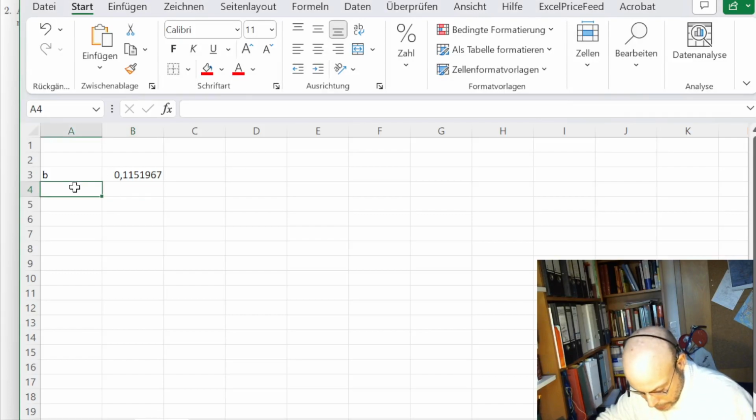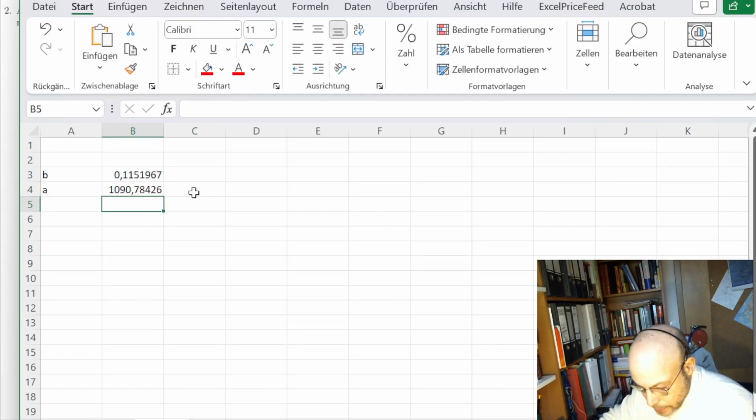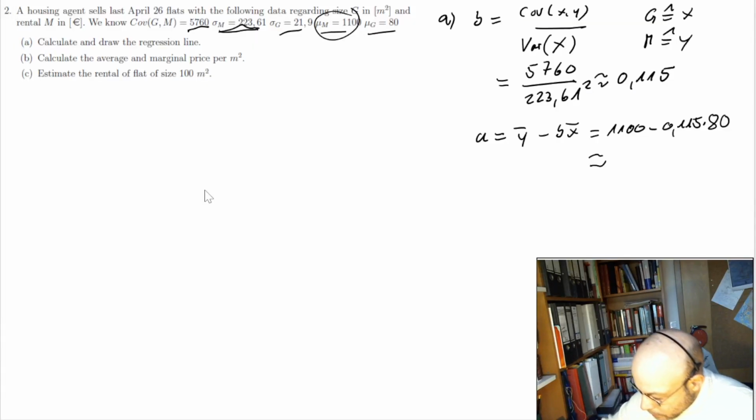So A equals 1100 minus this times 80, which is then roughly 1000.